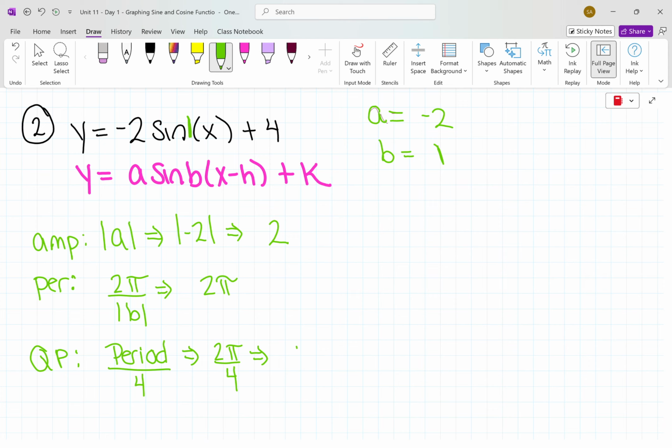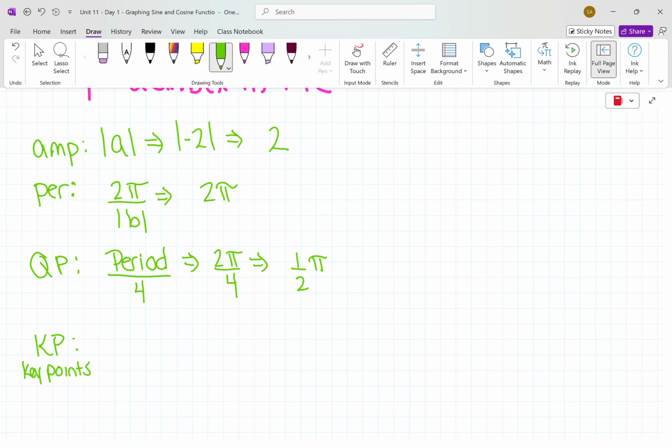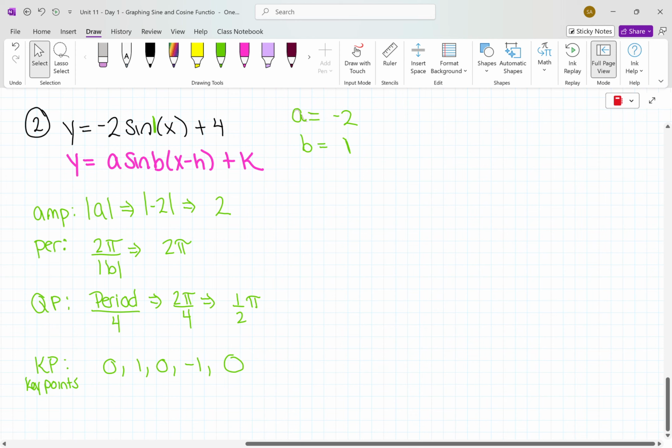So this is going to be 2 pi over 4, which is just a half pi. I'm going to put KP for key points. And the key points for the sine curve, remember, are 0, 1, 0, -1, 0. I'll let you all catch up.